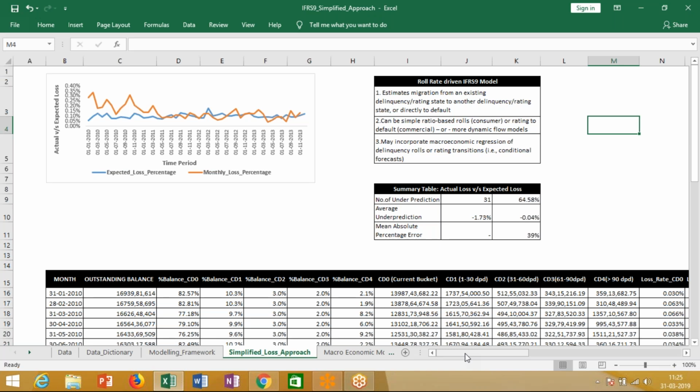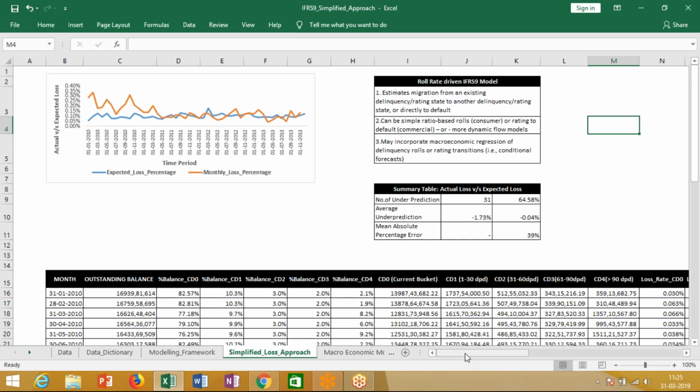Now, apart from the information about buckets, there is also an ECL figure or ECL approach mentioned over here. That ECL was computed using the Basel estimates, right? So at the end, we had the Basel PD, EAD for this portfolio.